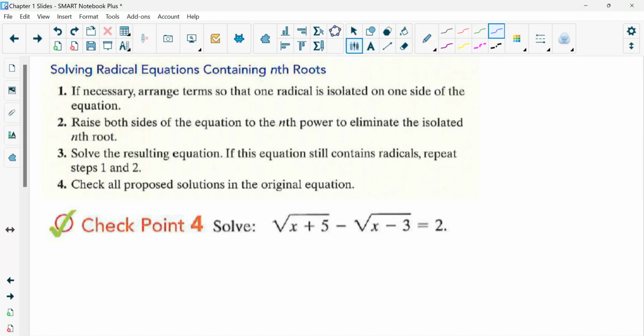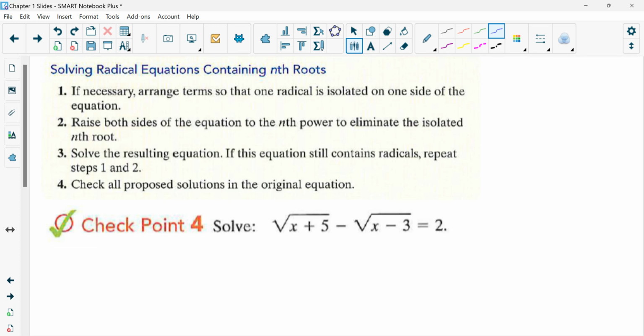All right, so now we have two radicals in our equation to start. And again, step one says we're going to isolate just one radical on the side.